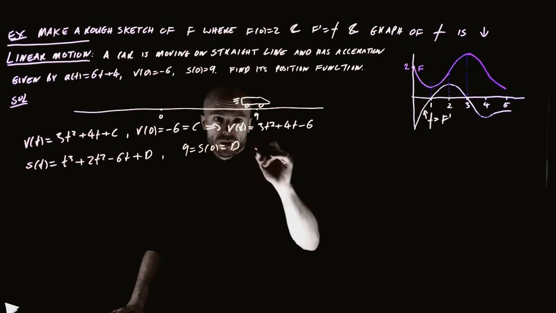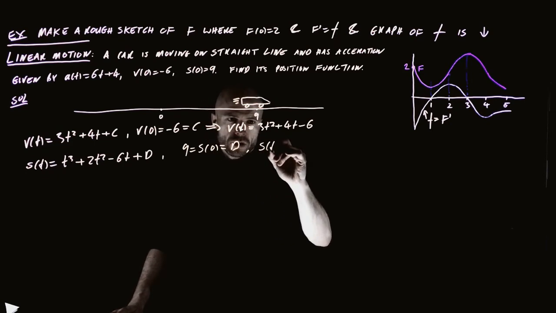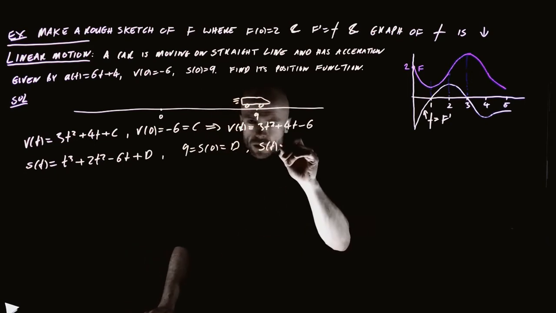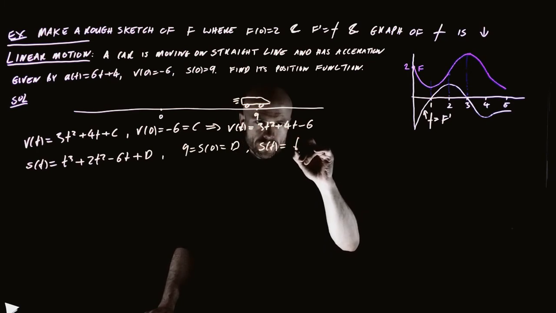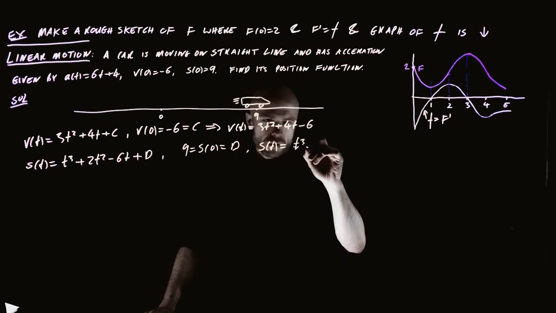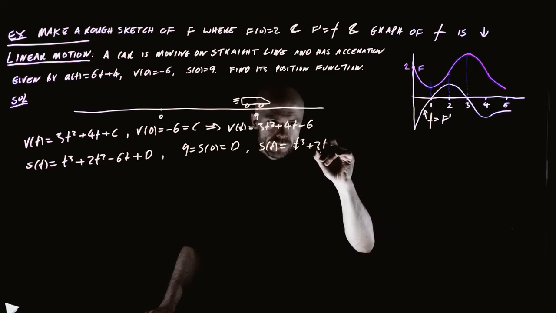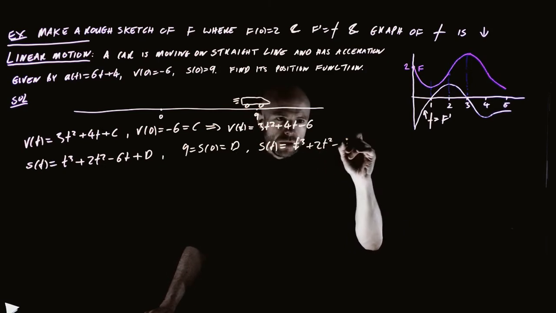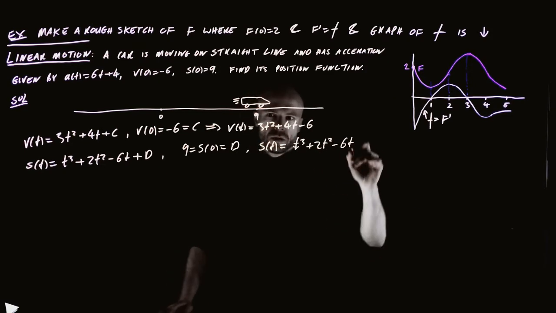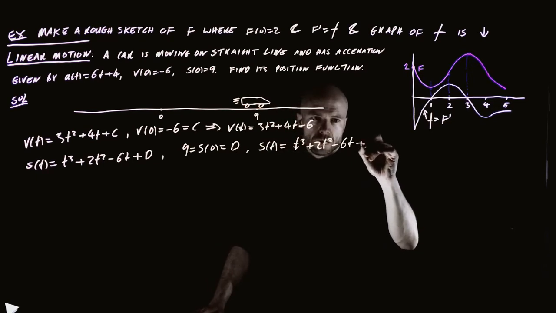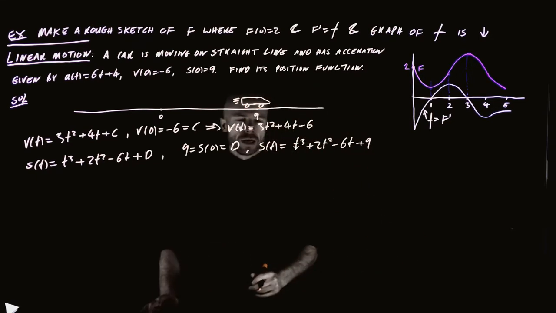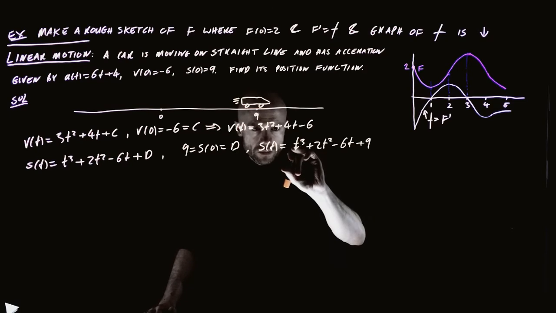So we have the complete description of this thing: t to the power 3 plus 2t squared minus 6t plus 9. In a quick reality check, that looks like the right thing because it starts off at 9 as expected.